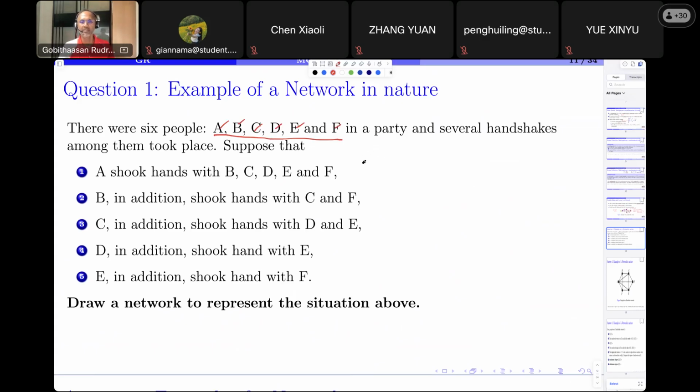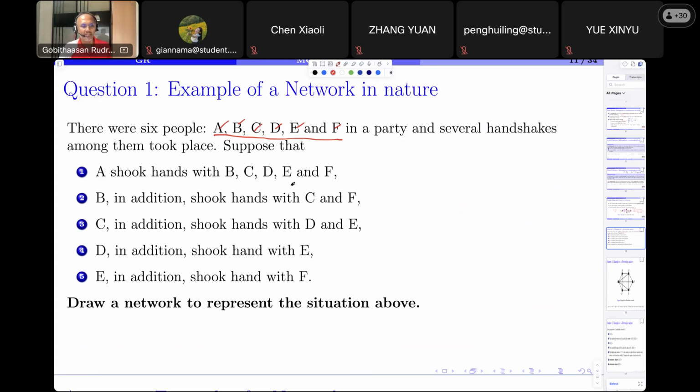Suppose that A shook hands with B, C, D, E, and F, and B shook hands with C and F, C shook hands with D and E, and so on and so forth. All this information is about shaking hands. So draw a network to represent the situation.